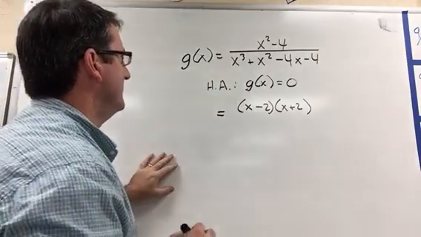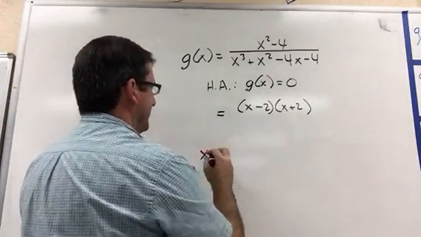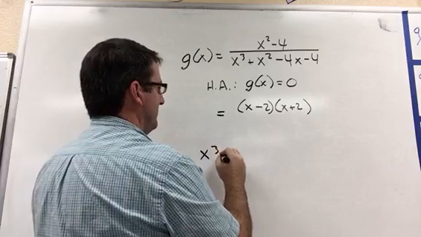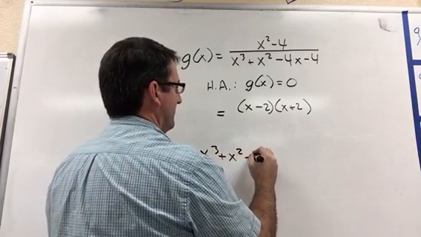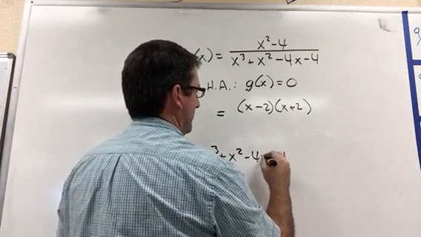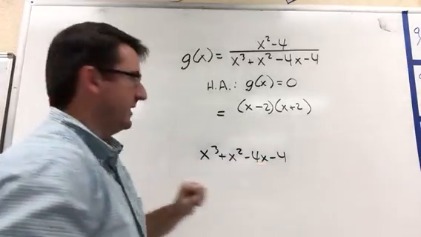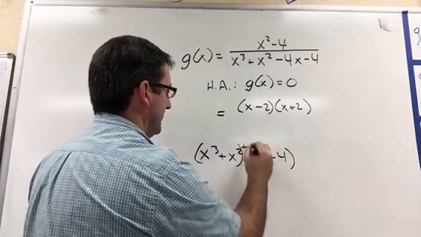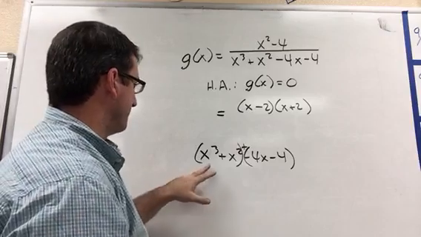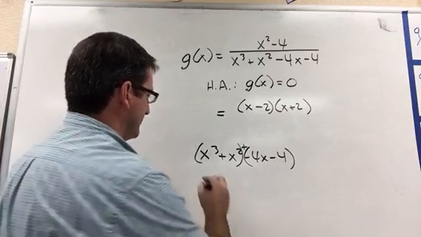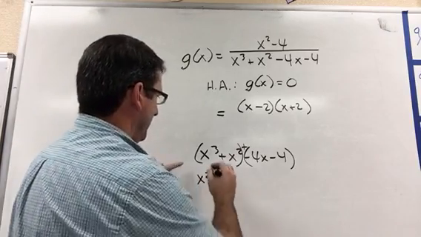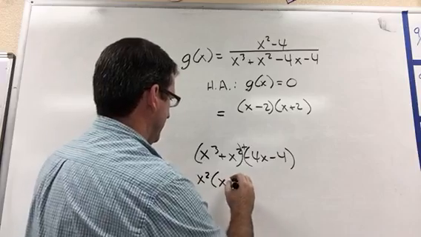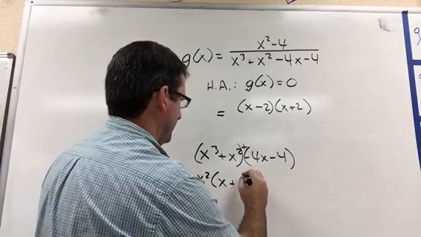On the bottom, let's think about this for a minute. We've got x cubed plus x squared minus 4x minus 4. This looks like something that we could factor by grouping. So we'll put those groups there. Let's factor an x squared out of this, and we're left with x plus 1.